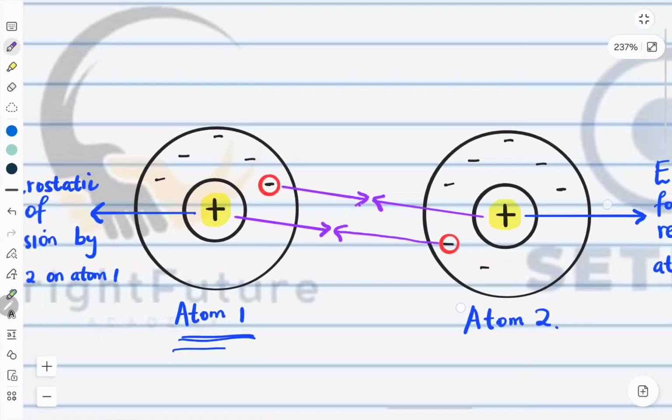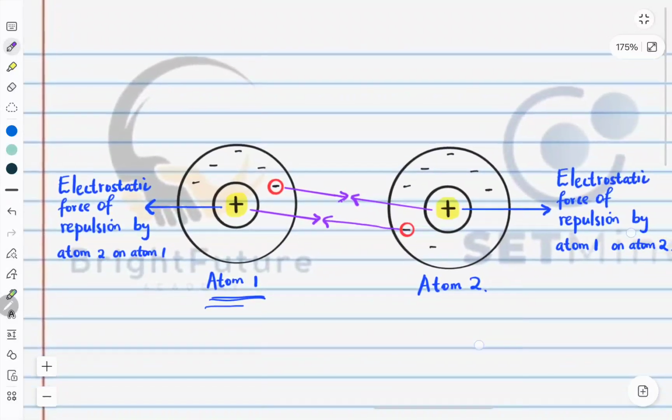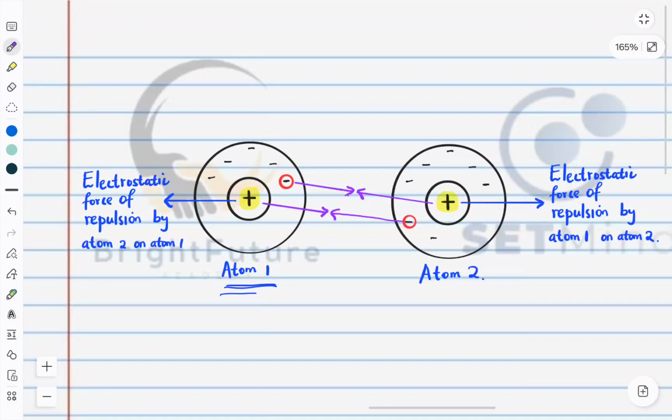So now if we take a step back and see what's happening here, there are two kinds of forces being exchanged between these two atoms: the force of attraction and that of repulsion. Now, if you remember how force works, there will tend to be a net force that summarizes the overall interaction.